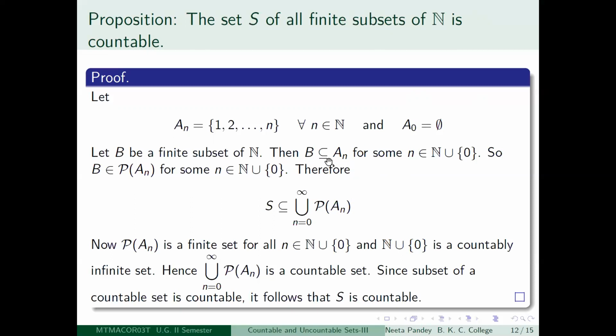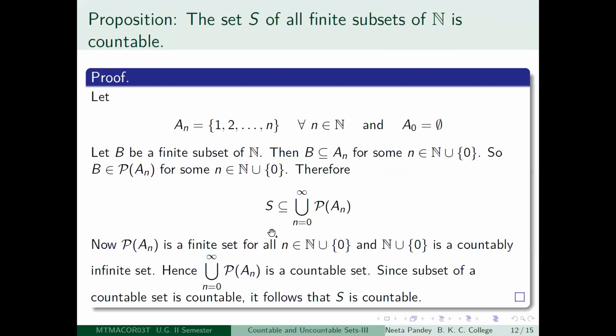Since B is a subset of A_n, B is an element of the power set of A_n. What does that mean? If you take any finite subset B of N, that is, any B belonging to S, then B has to be an element of the power set of A_n for some n.